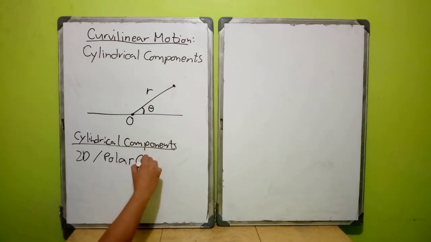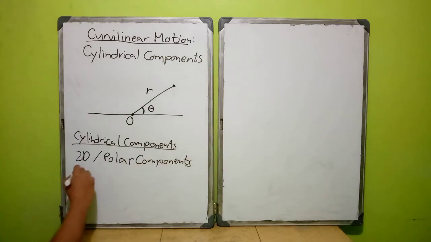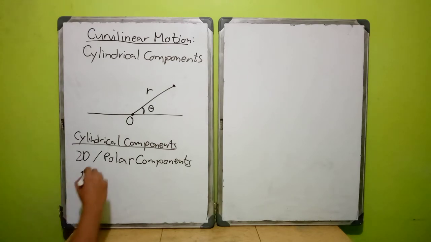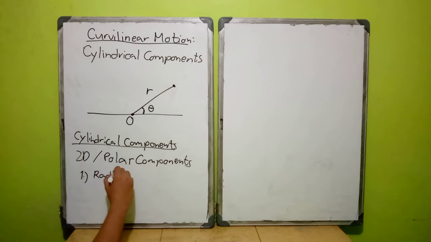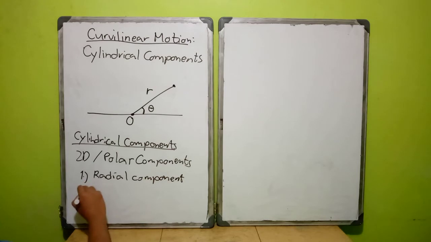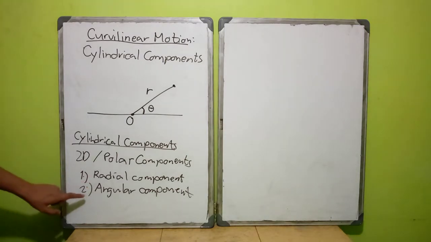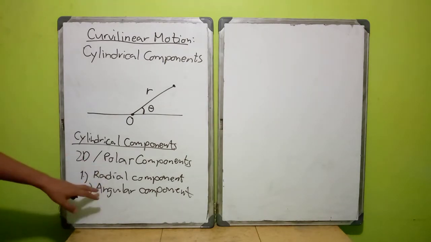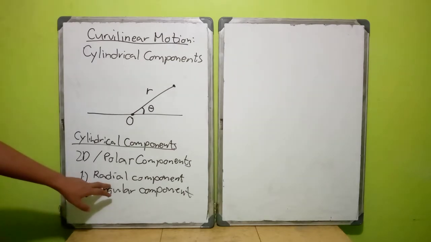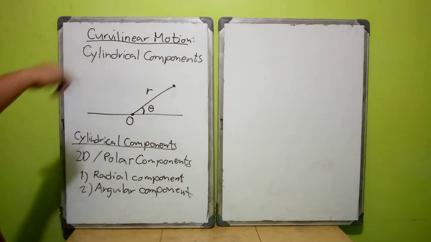Polar components are composed of two components: the radial component and the angular component. So how does it work?